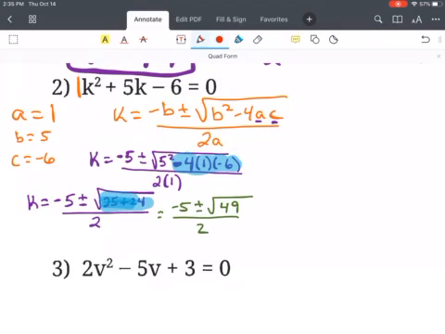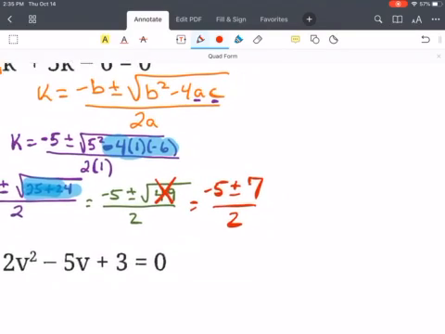Again, recalling our sheet, the square root of 49 is just 7. So it's negative 5 plus or minus 7, divided by 2.